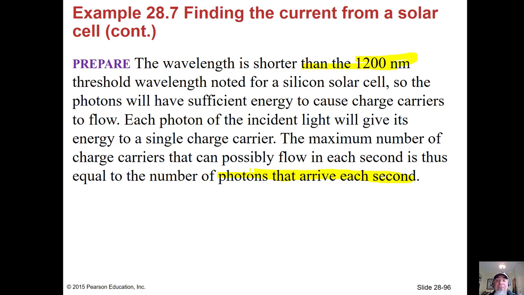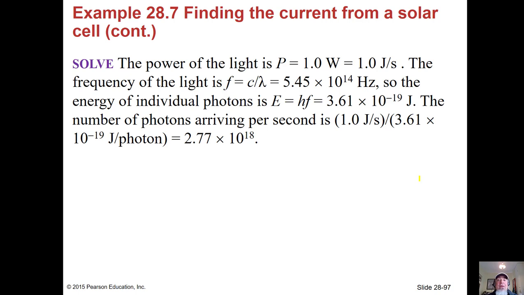And for each of the freed electrons, we know the charge. So the number of photons coming in is the same as the number of electrons freed. The charge on one of them is 1.6 times 10 to the minus 19th coulombs, and that's happening every second. So we need to know how many photons we have coming in, because that's the same as the number of electrons freed. Okay, so then it becomes similar to the last problem that we looked at.